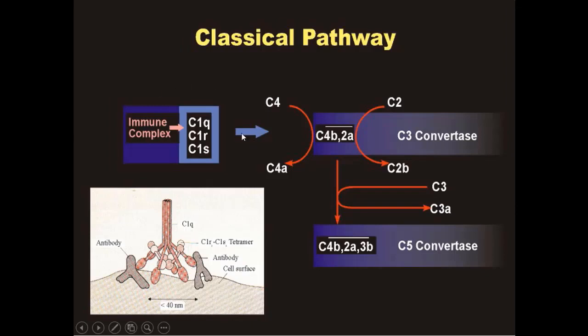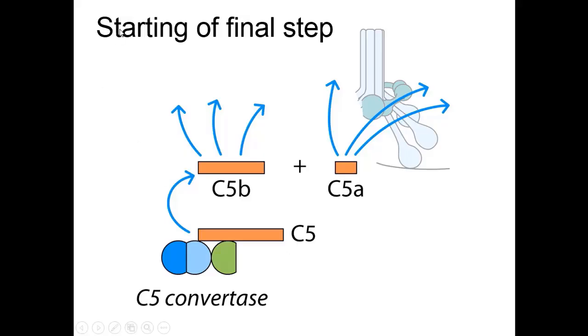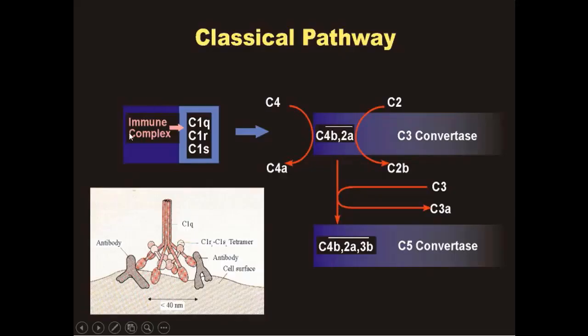Okay, you can see classical pathway at a glance in this slide. Here, after forming of C5 convertase, is the end of the classical pathway, the end of early phase of classical pathway.